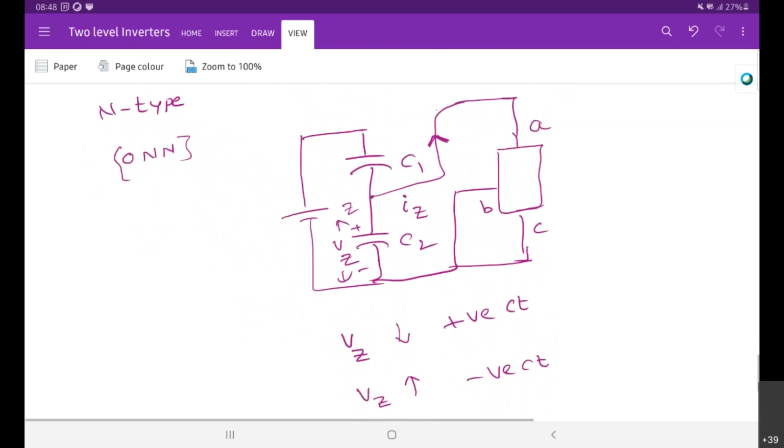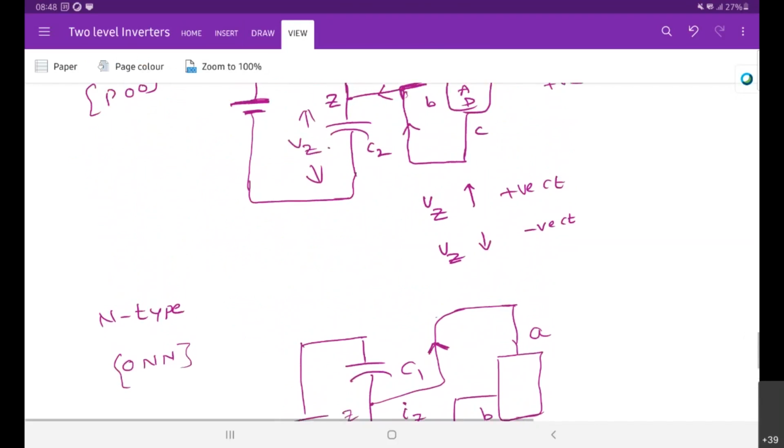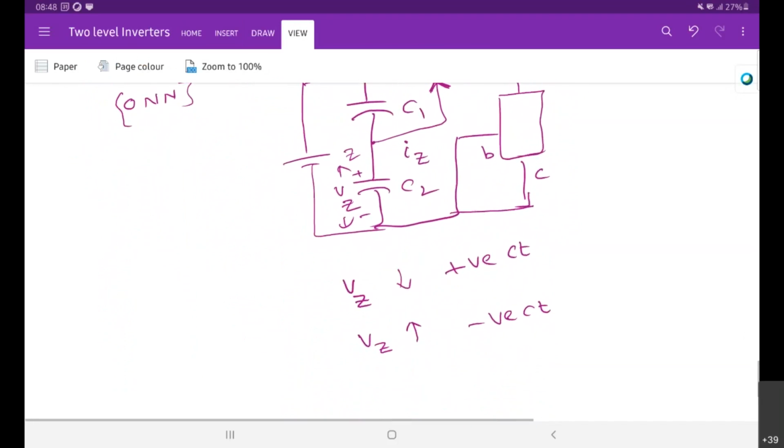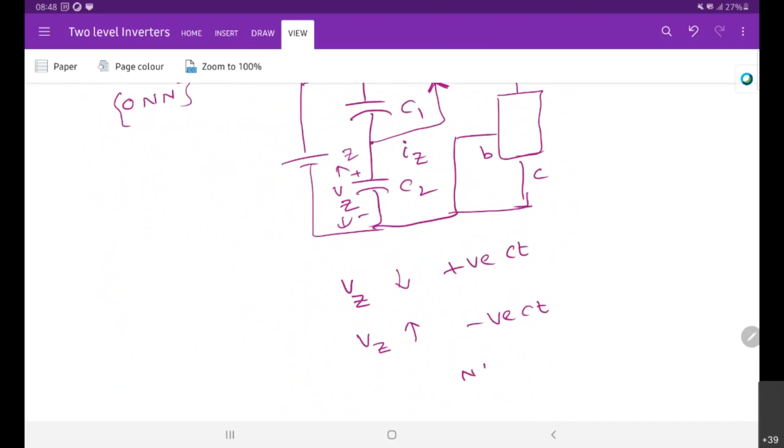If you compare with this one, P type, for the same positive current, and this is N type. If you write side by side, for the same thing, this Vz increases and this Vz reduces.